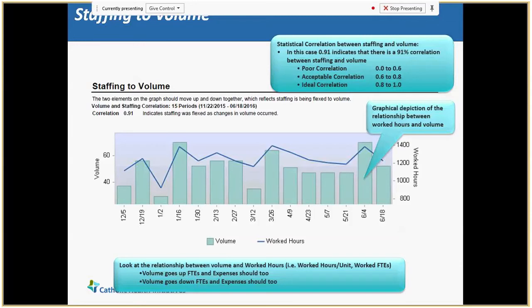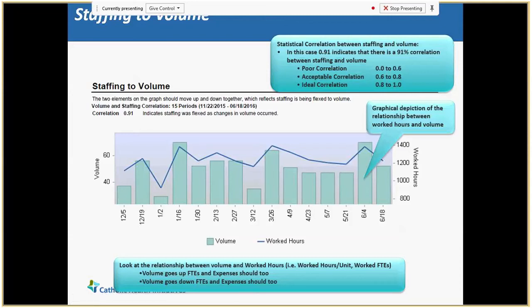This doesn't take into account anything relative to the target. This is simply, are your hours and volumes moving in the same pattern? So if your productivity score isn't looking good, and your volume to staffing correlation is also not looking good, then that might be reason to take a deeper dive and look into the why. What are some of the causes of that?